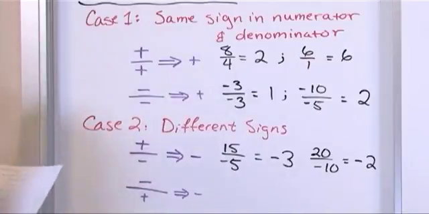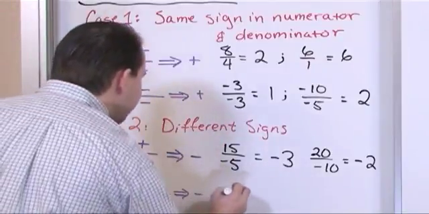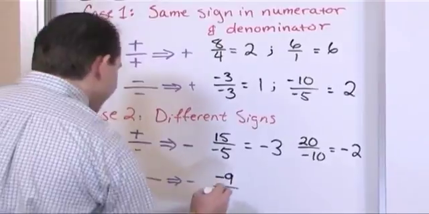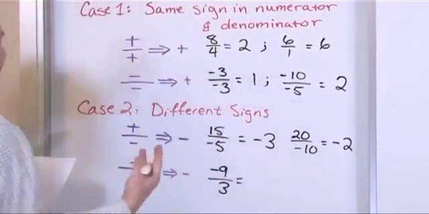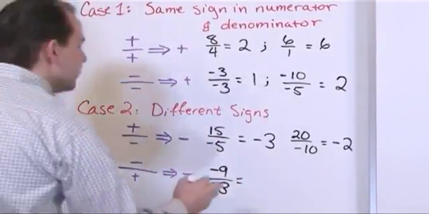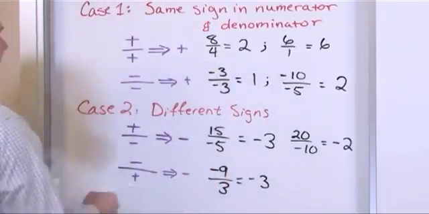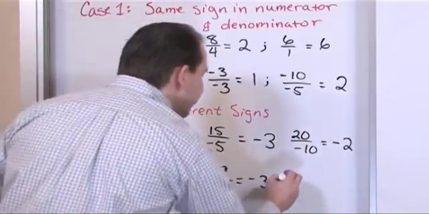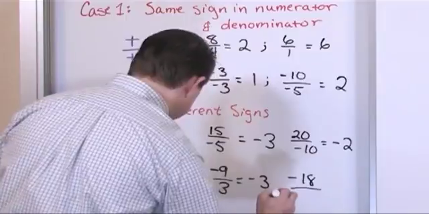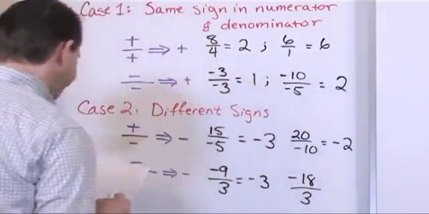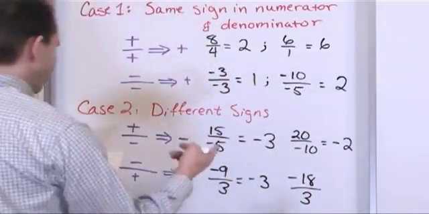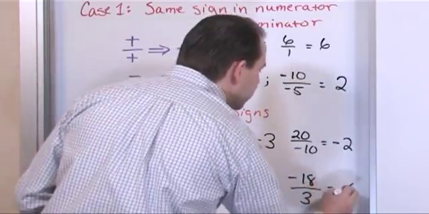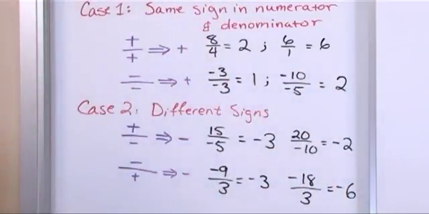You have positive divided by negative. Same thing down here. If you had negative 9 divided by 3, well, 9 divided by 3 gives you 3, but it's going to be negative 3 because the signs are different. And if you had negative 18 divided by 3, then you do the same thing. 18 divided by 3 gives you 6, but it's going to be a negative 6. And that's simply because the signs are different. So same rules as multiplication.